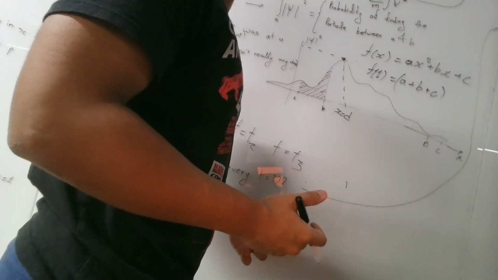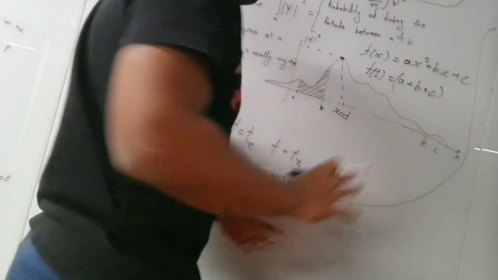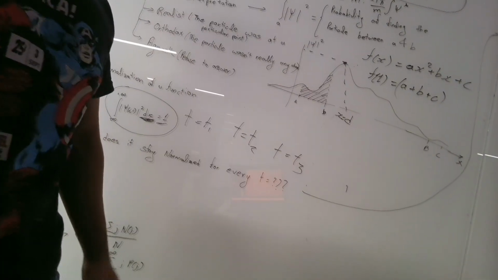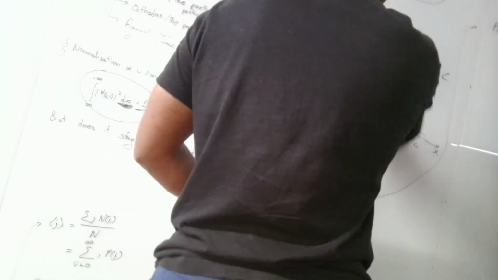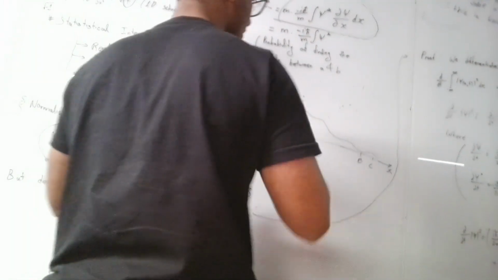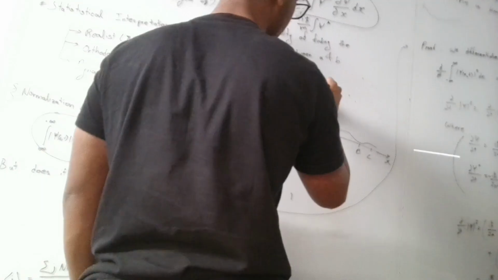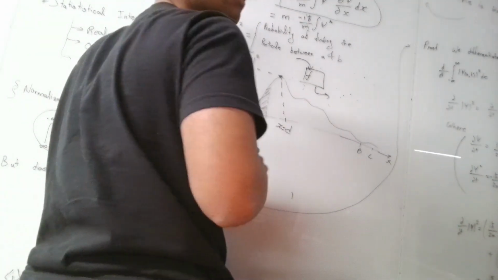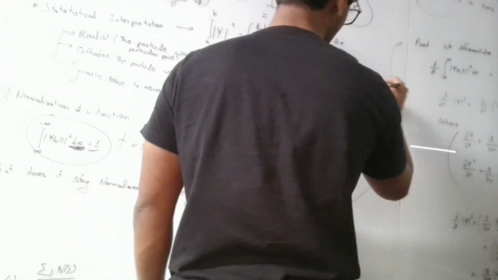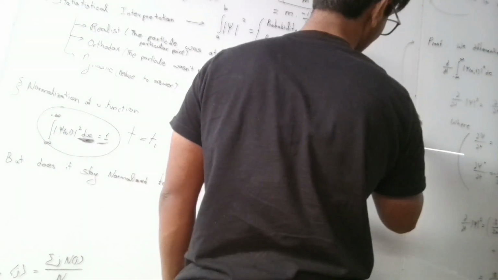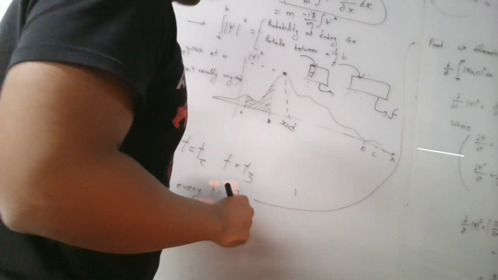You just put a function inside of an operator, and it gives you another function. Functions look like this: you have an input variable, and it gives you an output variable. An operator, however, takes in a function, and it gives out another function.